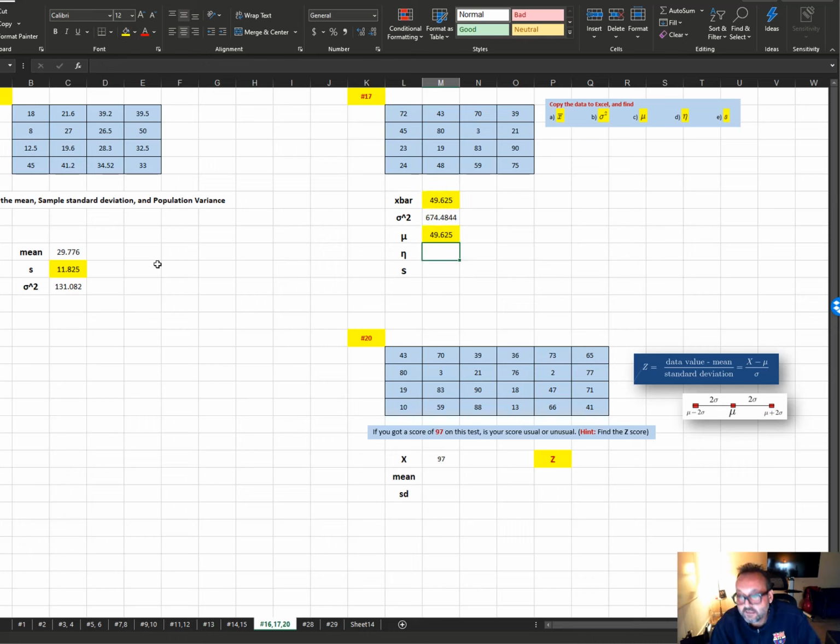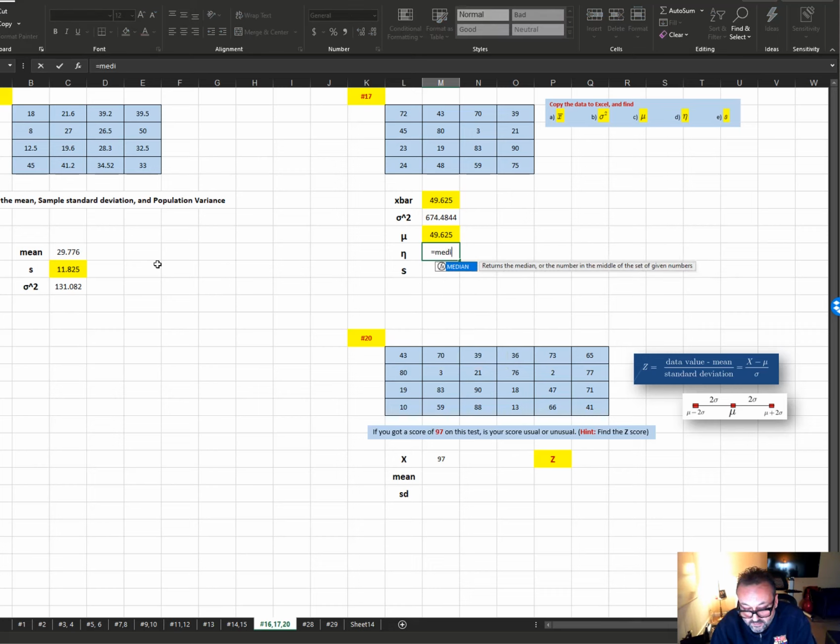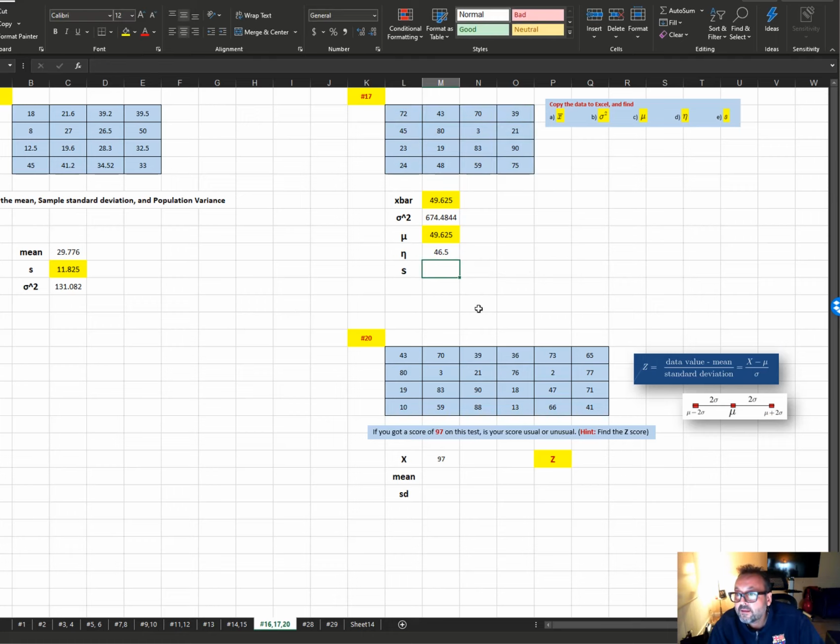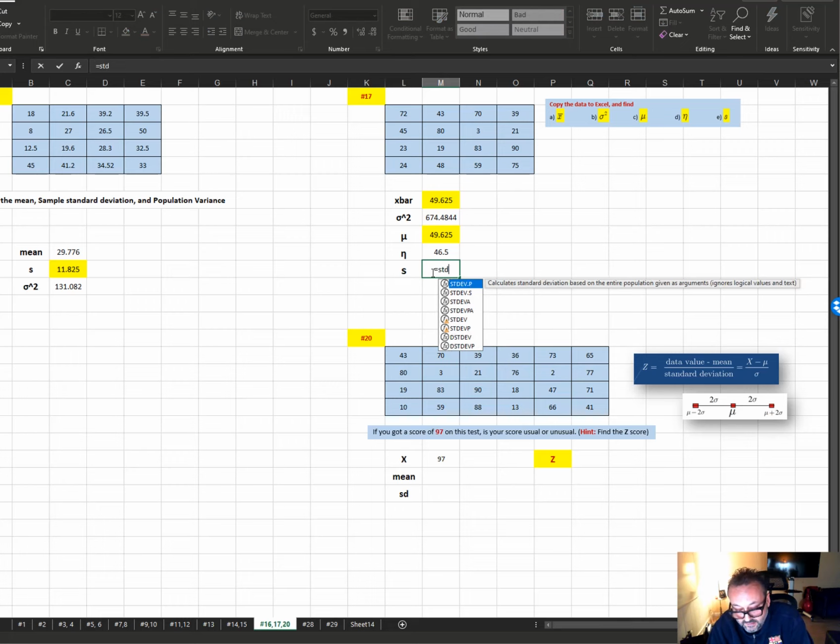Eta is the median, and again for median as well, whether it's a population median or sample median, the command is just median. So median and average don't matter whether it's a sample or population, they're both calculated the same way, they just have different symbols. That's eta, the population median. And S, which is the sample standard deviation, is stdev.s.